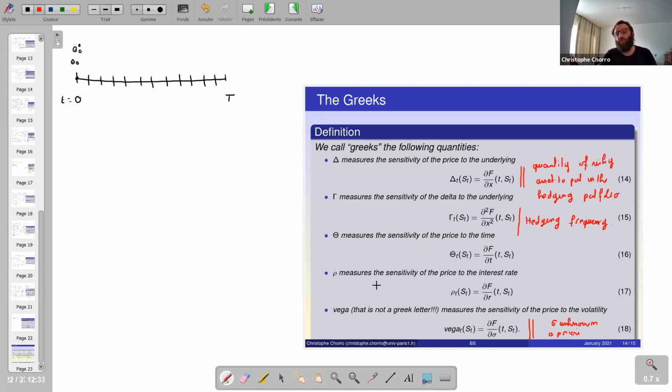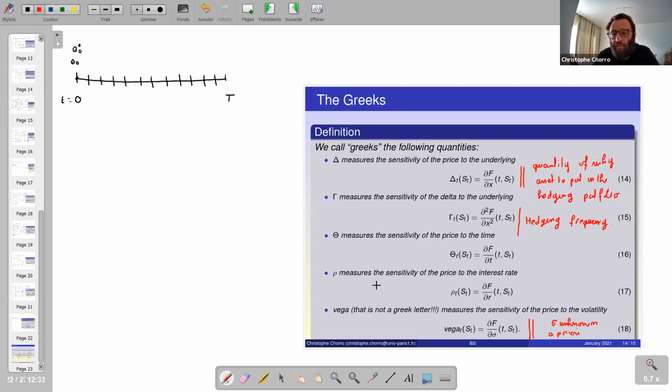So if you have a small vega, the price that you obtain will not be that dependent on this sigma. You can try to estimate it the way you want, and you can do this roughly, because the price is not that dependent on the value of this unknown parameter.